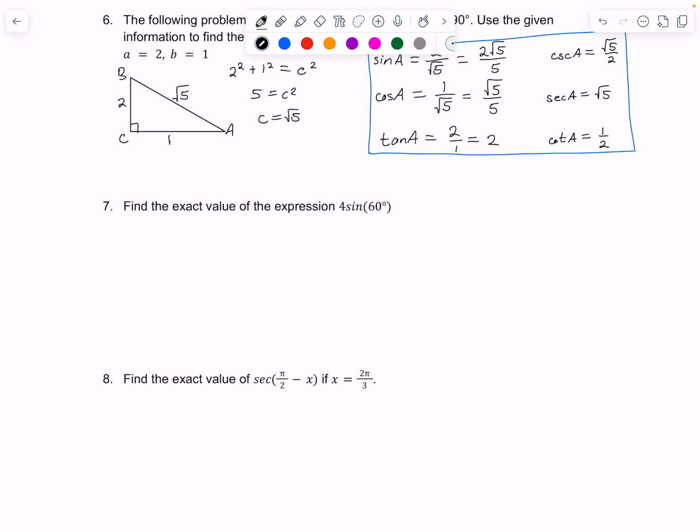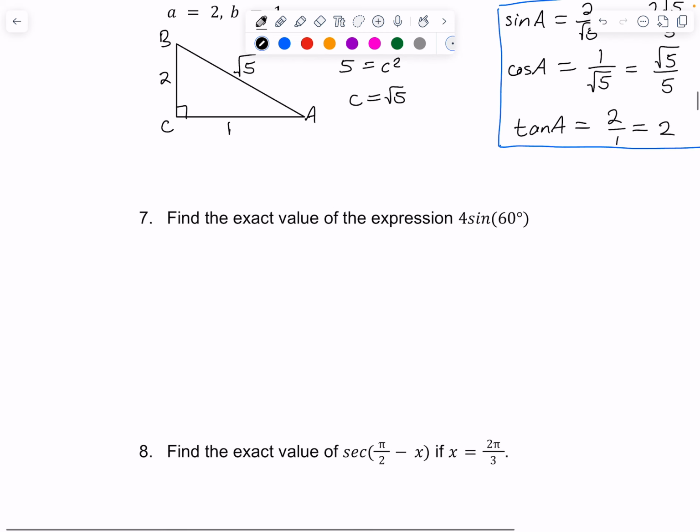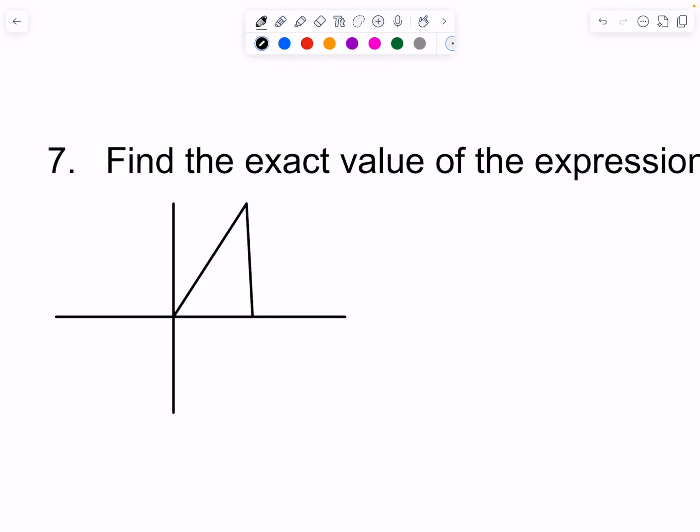Okay, number 7 says find the exact value of the expression 4 sine of 60 degrees. So I like to draw my unit circle whenever I encounter something like this. So 60 degrees is right here. That is a 30, 60, 90 triangle. Y is the long side, it's root 3 over 2. X is the short side, which is a half.